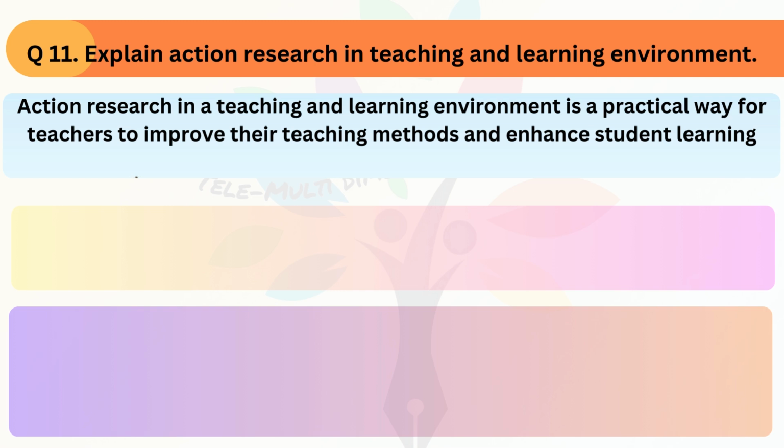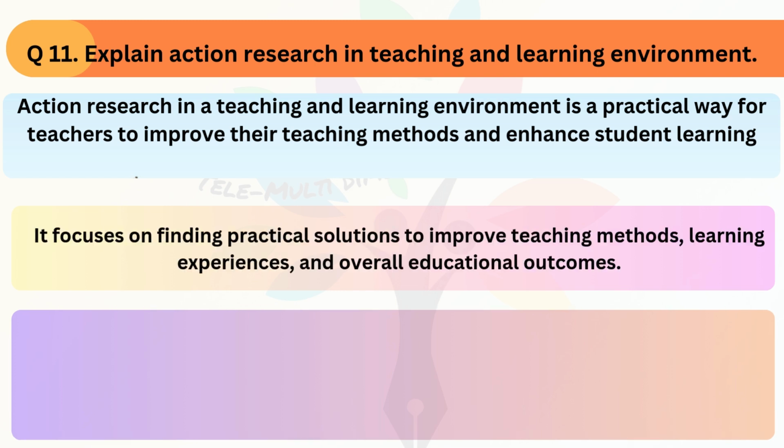Teachers observe, test, and reflect on different teaching strategies, often making small changes based on what they learn. And why is it done? To solve specific classroom problems and improve teaching and learning in real time. It focuses on finding practical solutions to improve teaching methods, learning experiences, and overall educational outcomes.